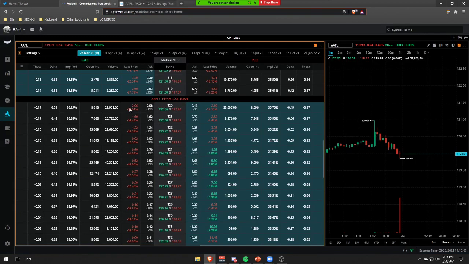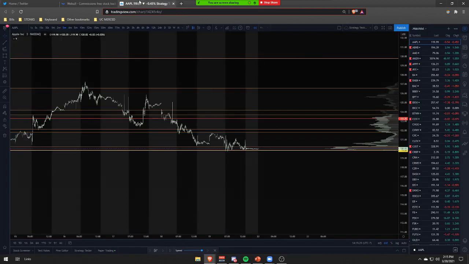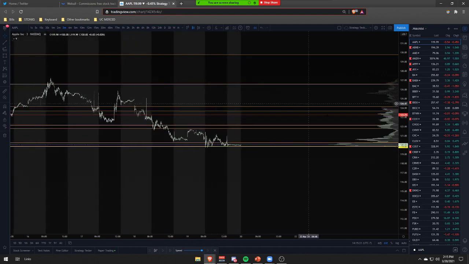I'm going to take the 120 or the 121 because theta won't matter because I'm not swinging it. So I'm playing high delta, has pretty good IV. It has a decent amount of OI between the 120 and 121. And then we want to get in the money as fast as we can, right? So that's how I view a contract.